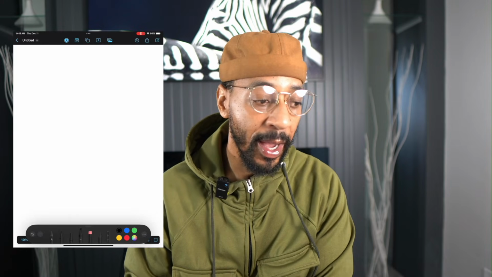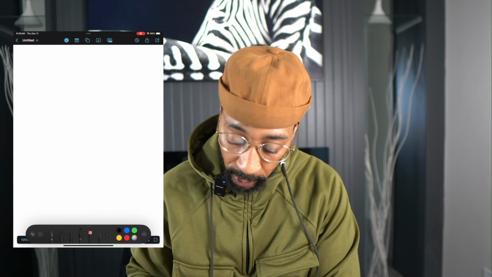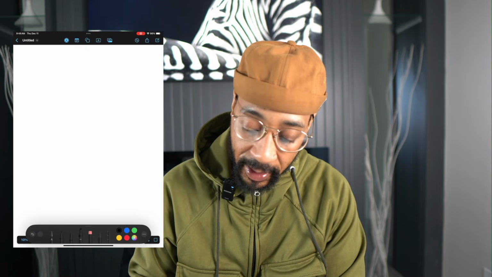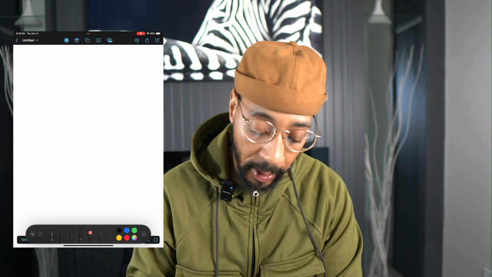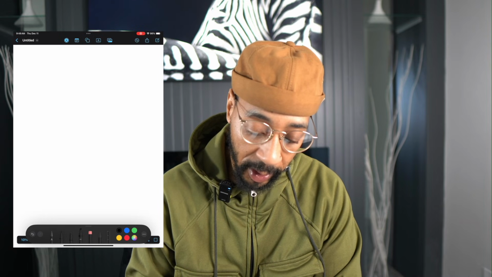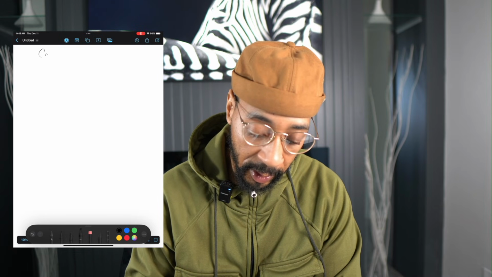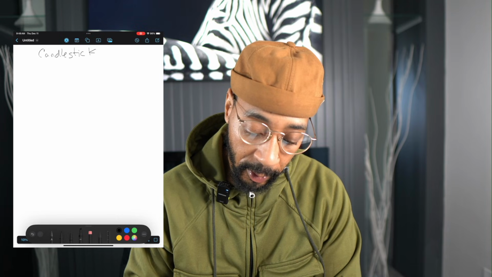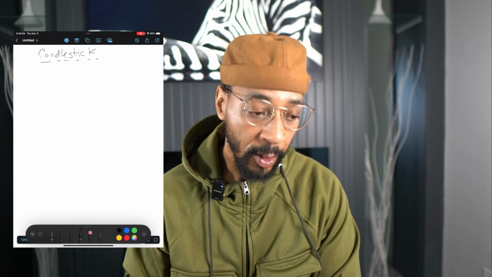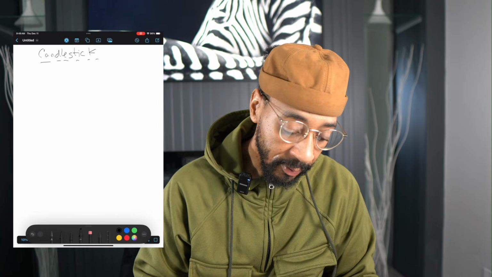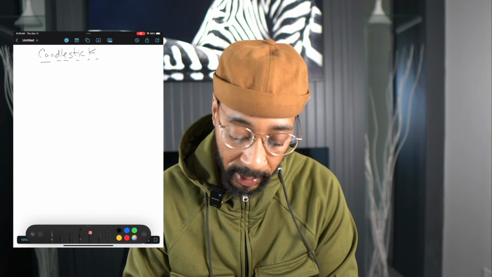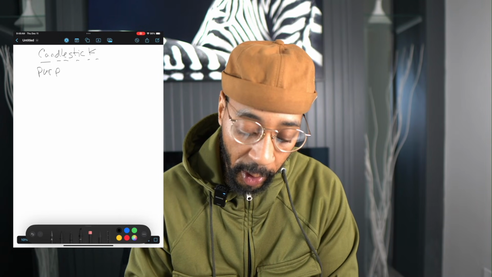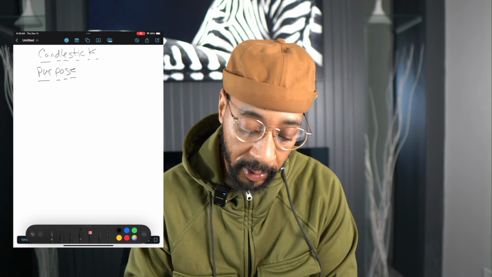Boom. What I'm gonna put right here is not market structure, candlestick. All right, so we got candlesticks, right? What is the purpose of these candlesticks?